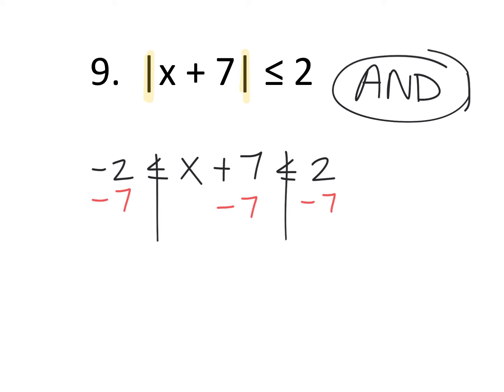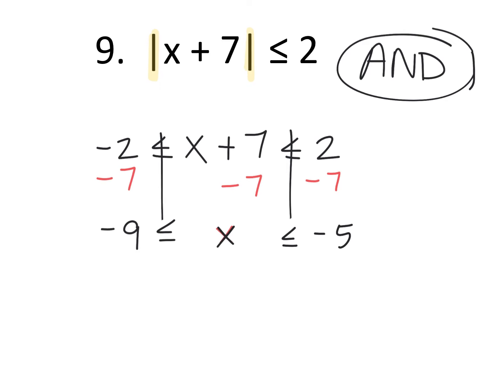Okay, we would get x is less than or equal to -5 and greater than or equal to -9. Meaning that if I plug those numbers in, I'd have an absolute value of less than or equal to 2.